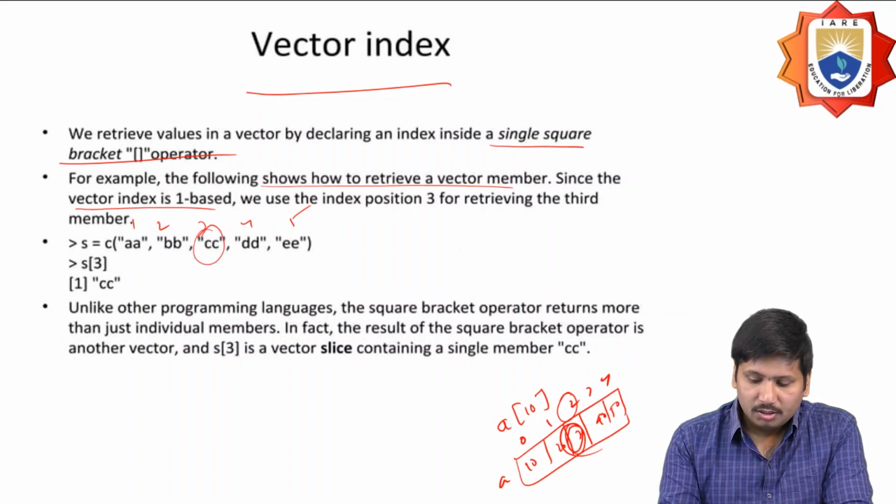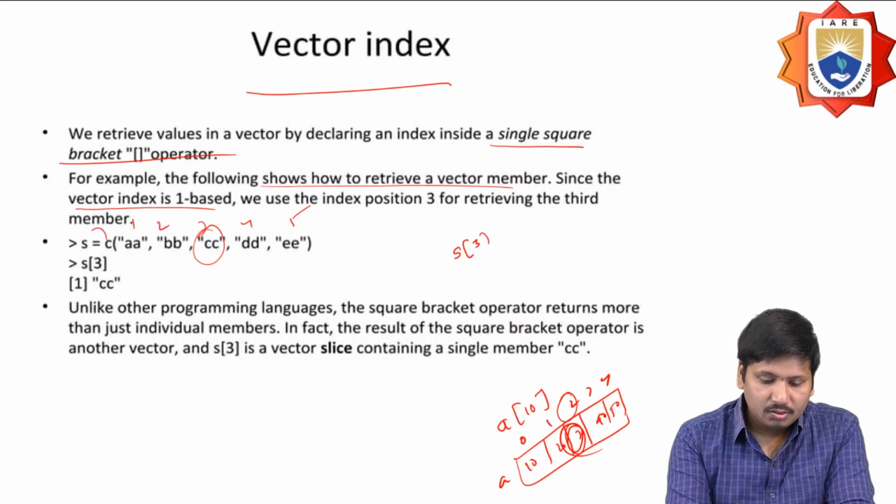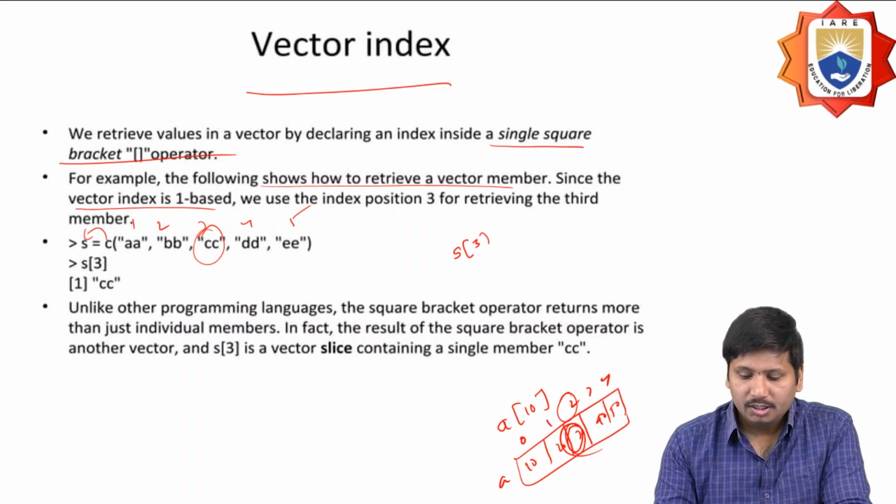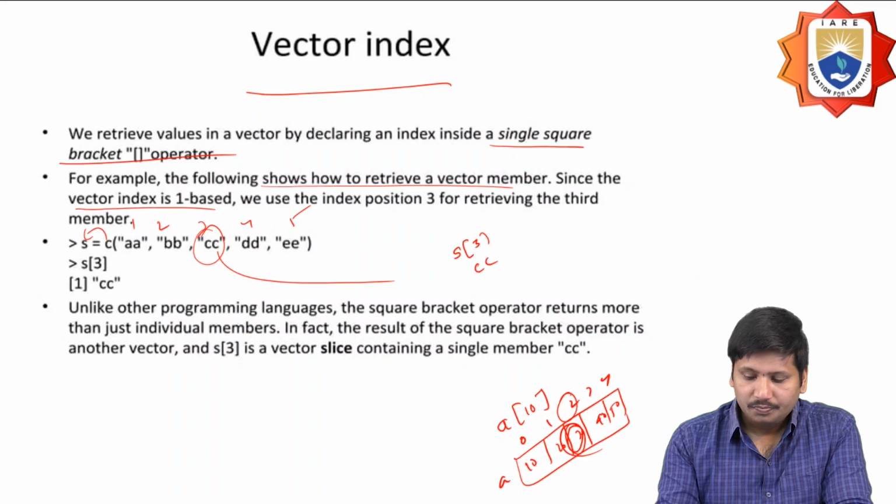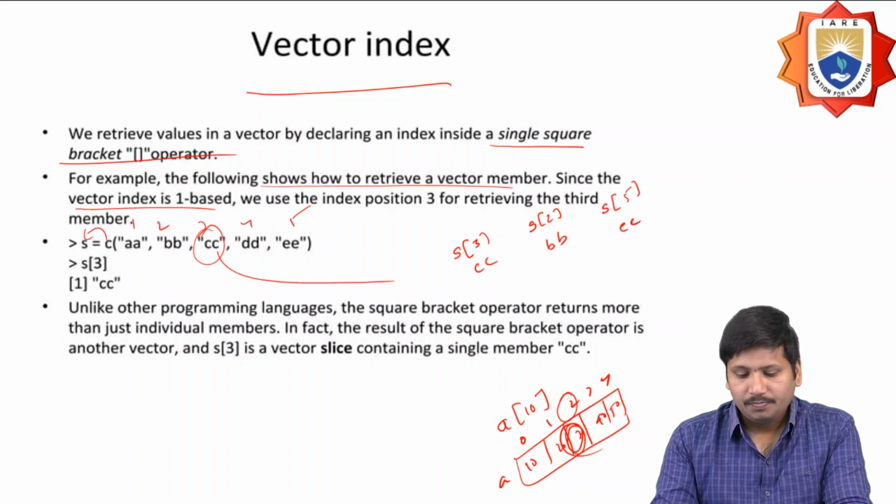How can I write it? Assign the vector c to another variable, s. If I write s of 3, what should the value be? c. Similarly, if I write s of 2, the value should be b. Similarly, if I write s of 5, the value should be e.